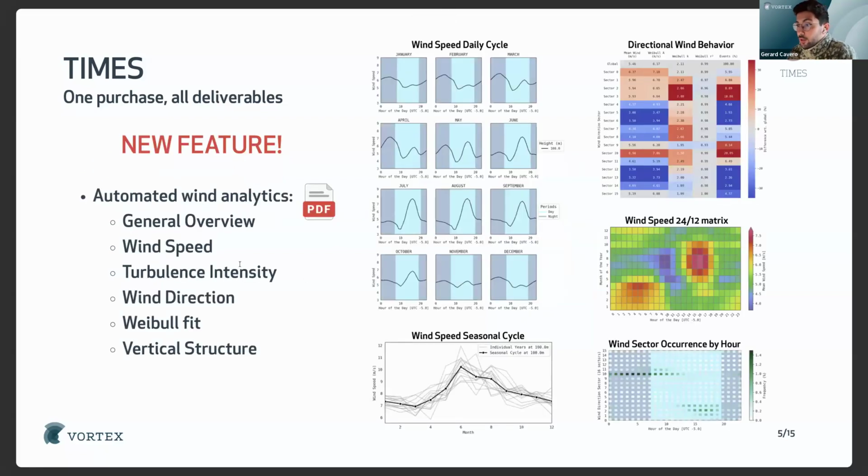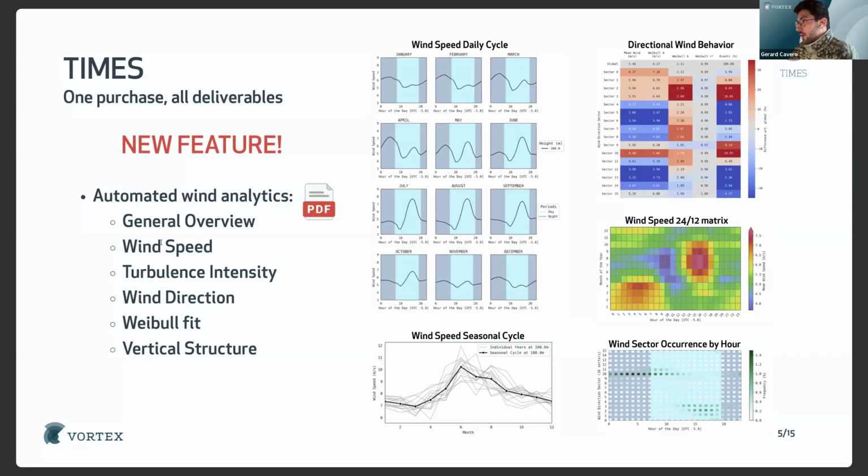Now we have this new feature, informative PDF reports. When the simulation ends, we automatically run 6 different PDFs to analyze different variables. We have this general overview PDF that gives you a quick summary of the wind speed, wind direction, and turbulence, just 2 or 3 tables and some graphs.